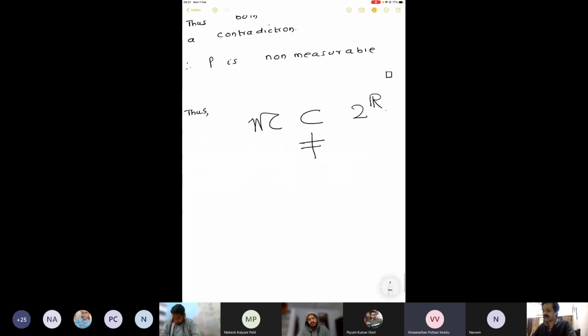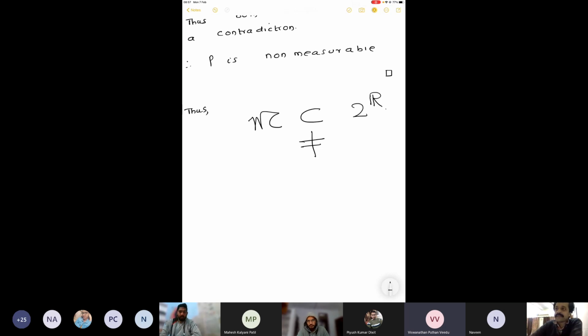Now, I want to talk a few things about the cardinality. You have seen lot of examples for measurable sets. Yes or no? Yes. Whatever usual subsets of R you come across, intervals, complement of intervals, union of intervals, intersection of intervals, etc., all are measurable.